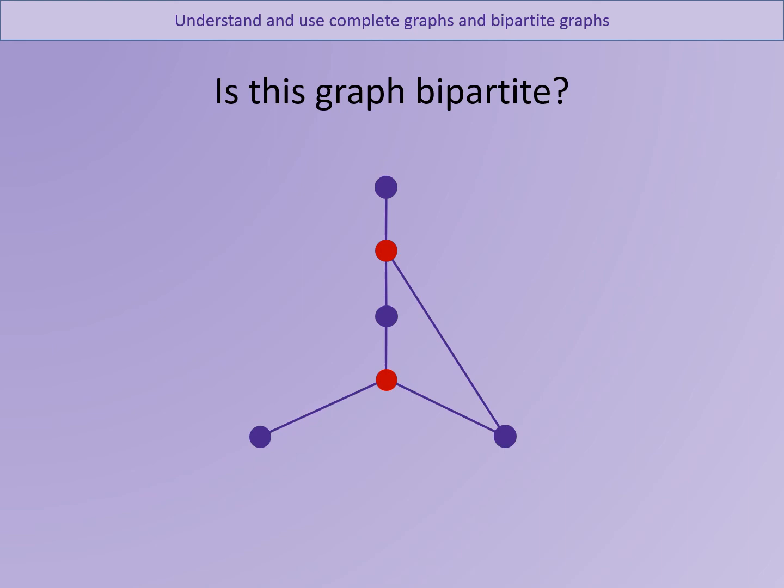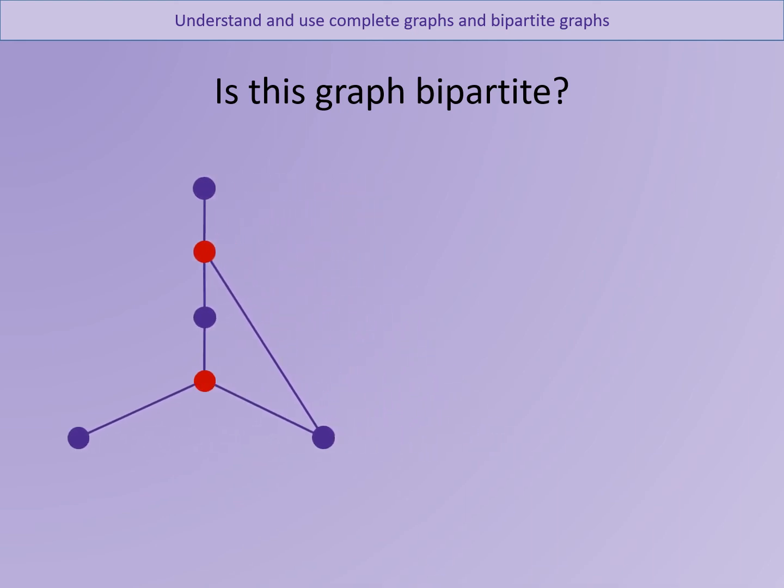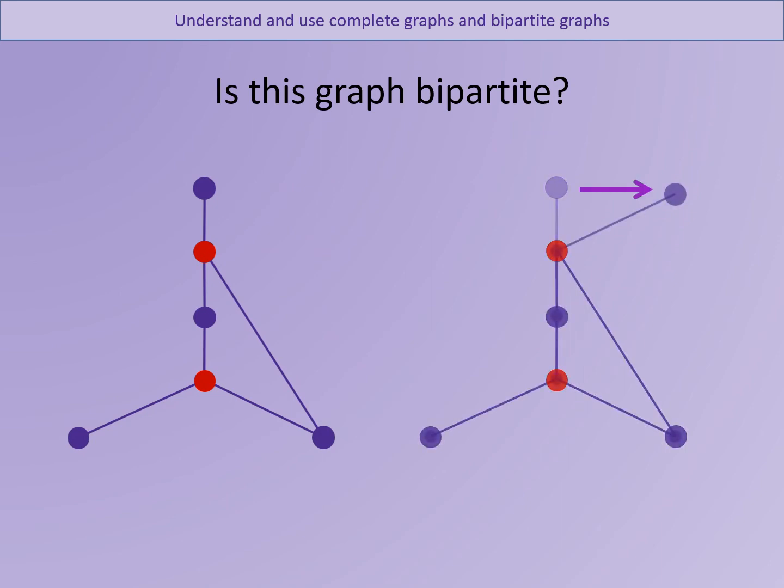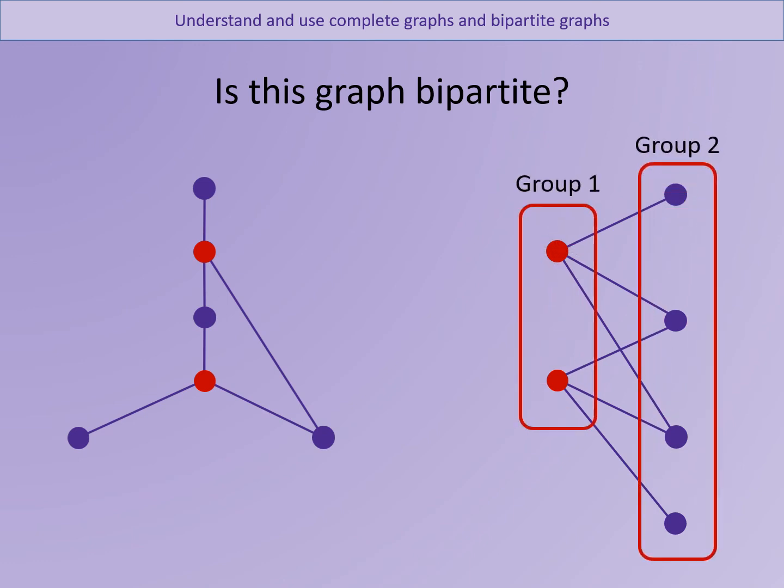We can see that they could be drawn in this alternative way here. It's now clear to see that the graph is bipartite because we now have two distinct groups with edges travelling between them. So if you were trying to decide whether the graph was bipartite, colouring the vertices in different colours and checking that no vertices of the same colour will join to each other is an efficient way of doing that.